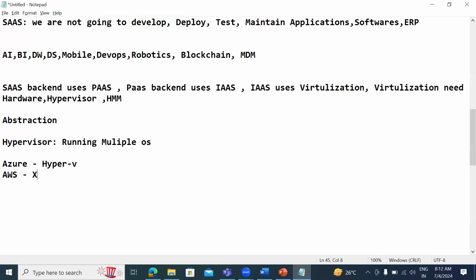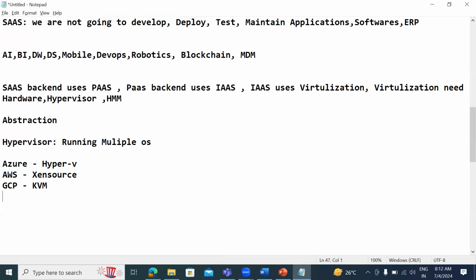AWS is using Xen. GCP is using KVM as their hypervisor.